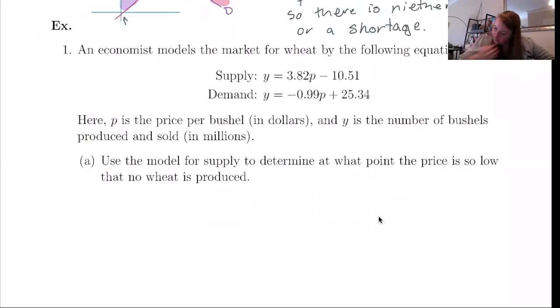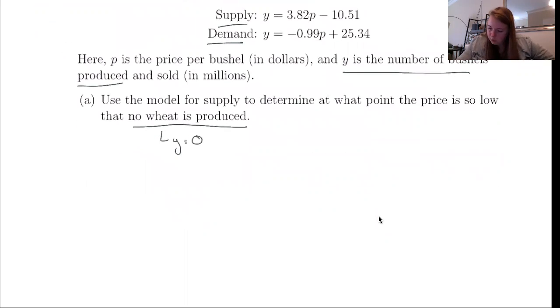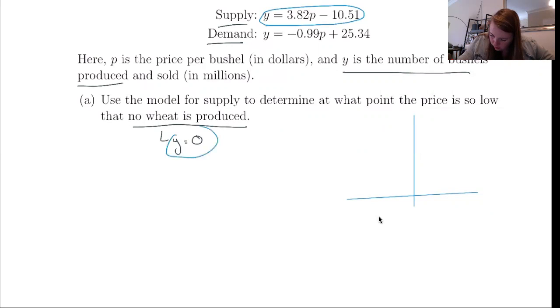All right, cool. So no wheat produced, right? Y is the number of bushels produced. That's the supply, and sold, that's demand. So this would imply that Y equals 0, right? So if we draw this, I want to find when Y equals this and Y equals 0 intersect.